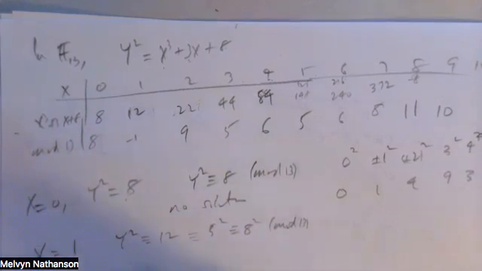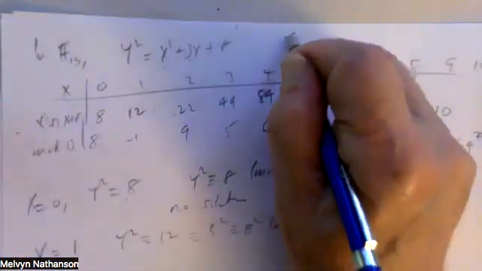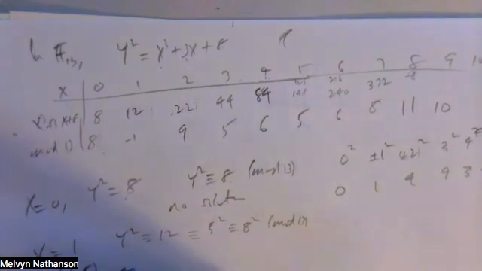So when x is equal to 1, you have 2 points on this curve: (1, 5) and (1, 8).